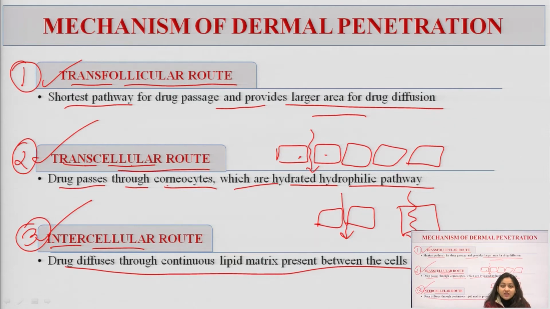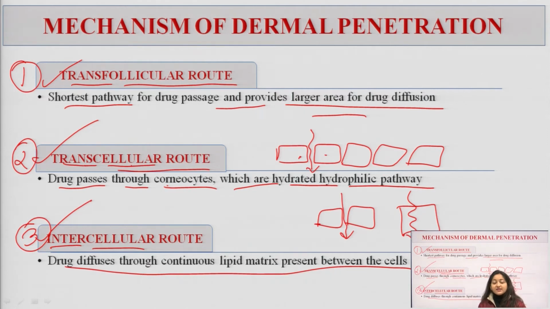Now the next type is your transcellular route. Transcellular route occurs between two corneocytes. Between two corneocytes there is a place, and that place is a hydrophilic pathway in nature. So any drugs that are majorly of hydrophilic or aqueous origin may find it very easy to pass through this type of pathway.